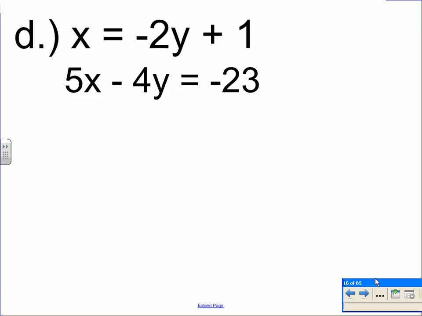No. Okay. Negative 2y plus 1. Plus 5 minus 14y plus 5. Oh, you're subtracting a 5, not a 3. That's why.